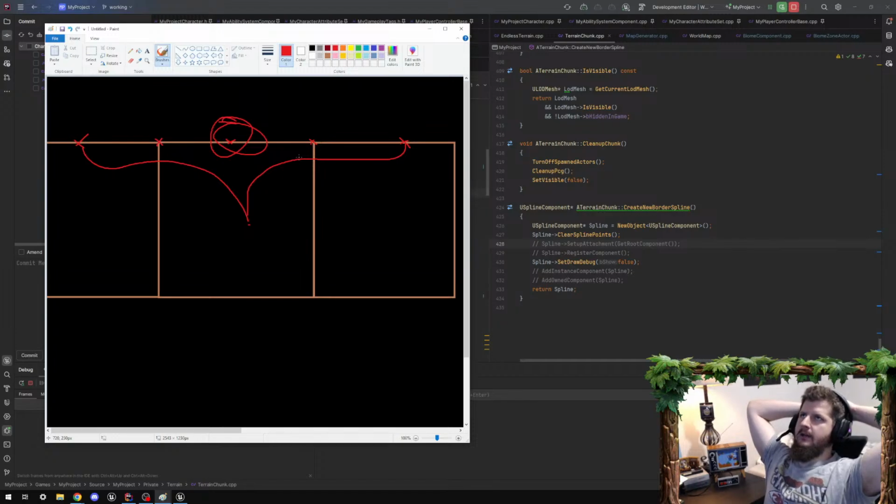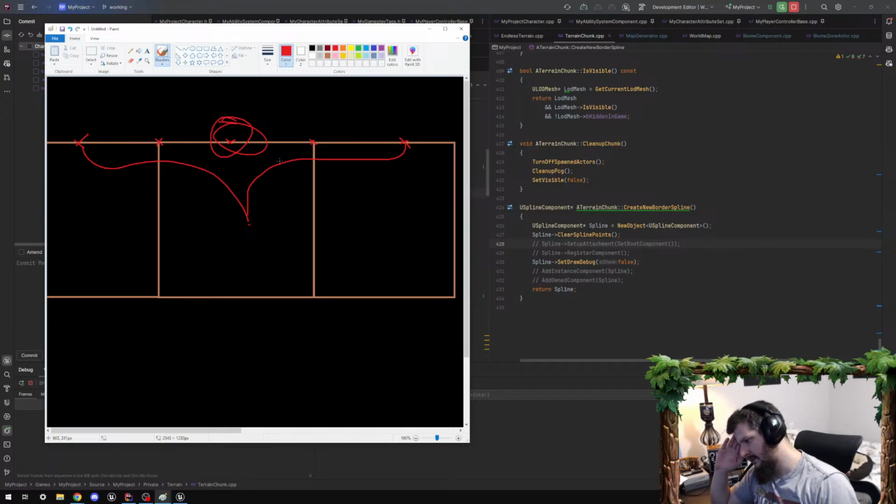But how would I do it, because the way I'm calculating the splines is if there's a certain point that's far enough away, then it just creates a new border spline, because a zone can have multiple borders. And so I set 24K as the max distance between the points.